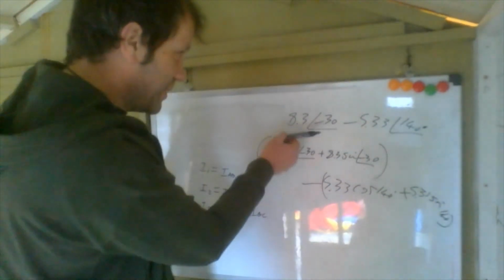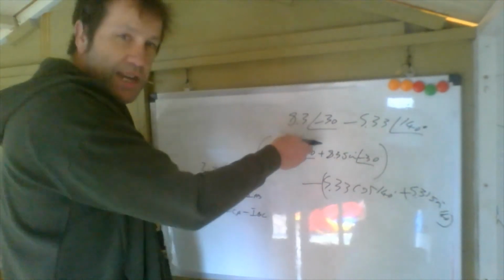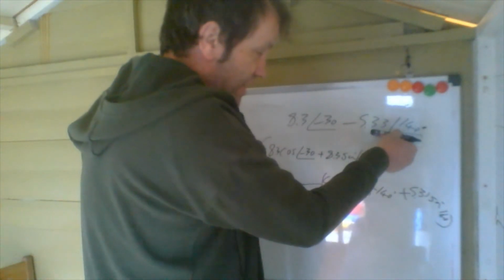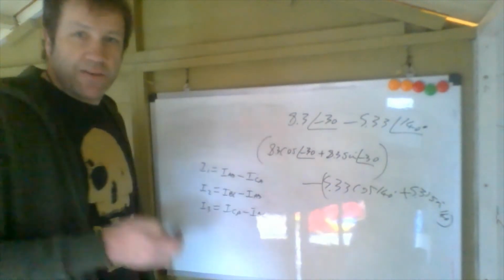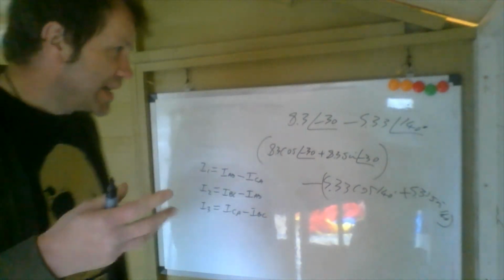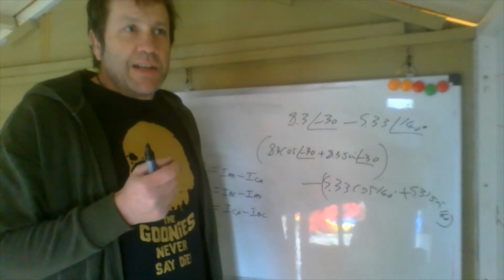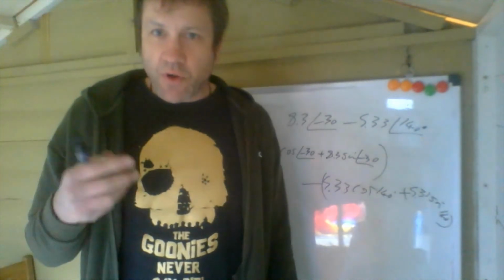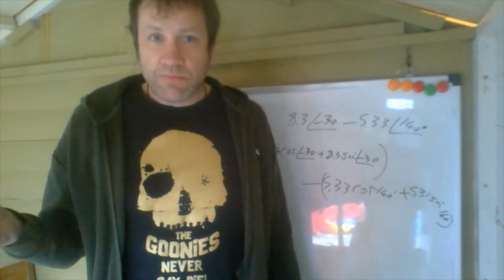But so you split this polar into its rectangular components and put this into its rectangular components and subtract that from them. And that's because vector addition is more complex than just normal summing.